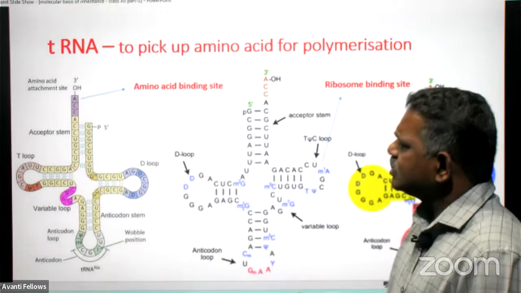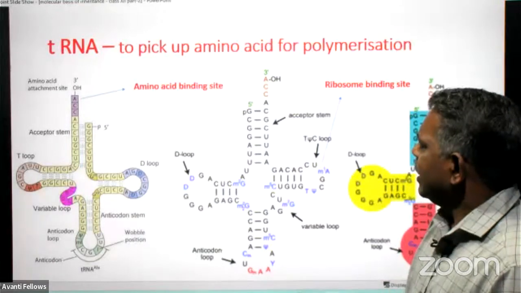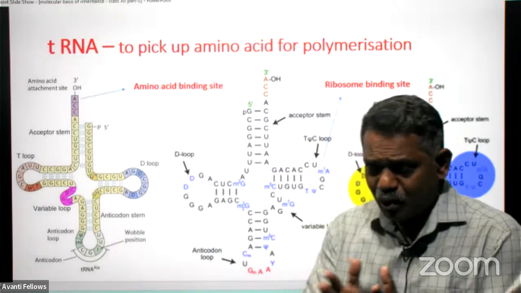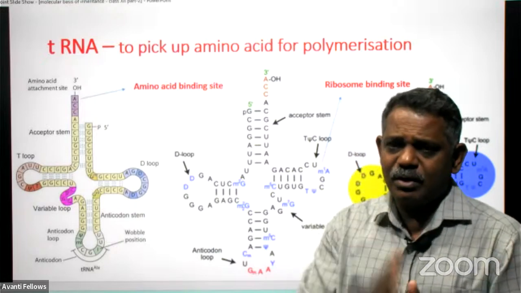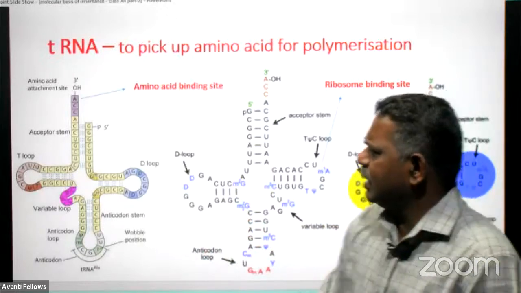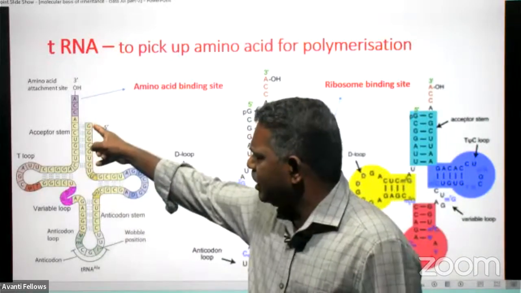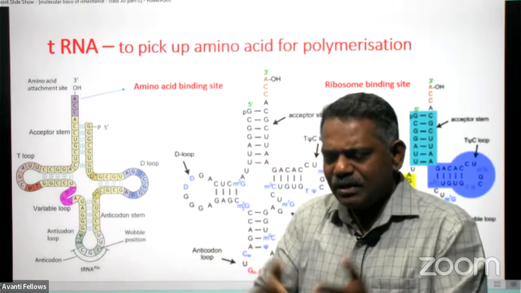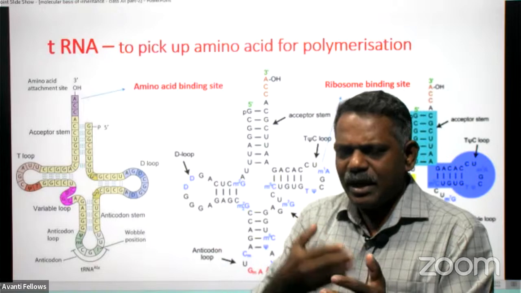And in this coiling, what happens? The complementary nitrogenous bases come close to each other. It is not DNA, it is RNA only, but same as DNA, whenever these complementary nitrogenous bases come together, they have the tendency to form hydrogen bonds.